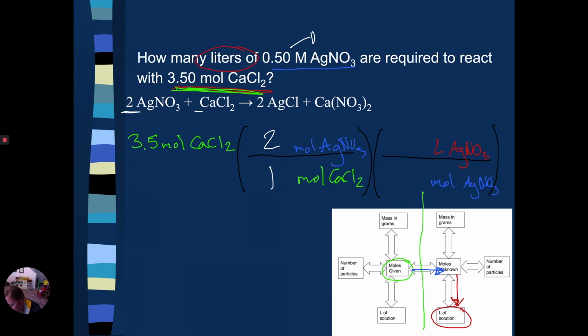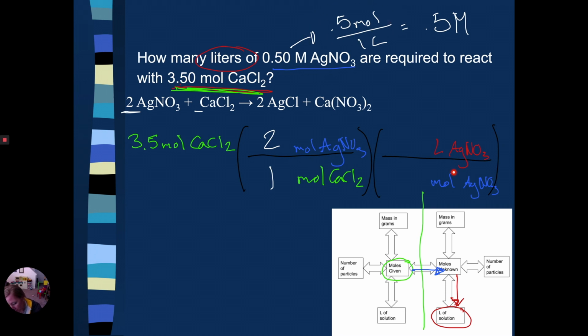So the thing to remember is that capital M is that many moles over a liter of something. So that is the same thing as 0.5 capital M. So notice here that 0.5 is in relation to the mole.